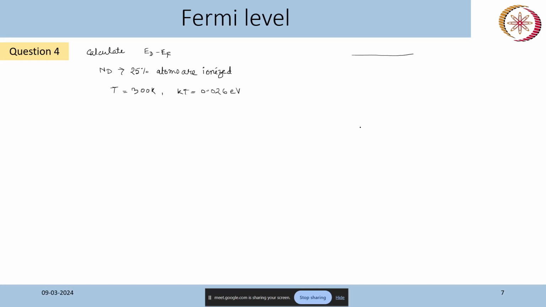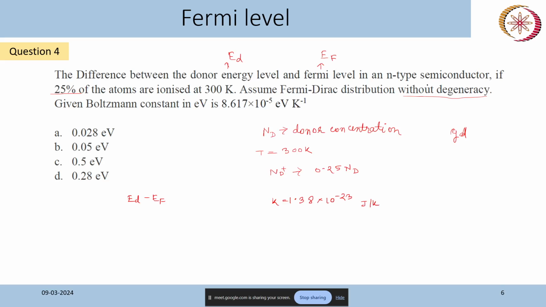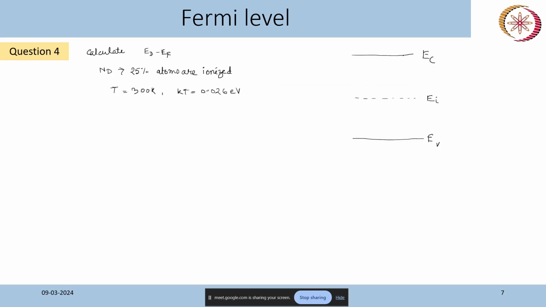So this will be the band diagram for the given semiconductor. This is EV, the valence band edge, EC, and in the middle this is the intrinsic level EI. Because it is given that it is an n-type semiconductor, EF will be close to EC and above EI.